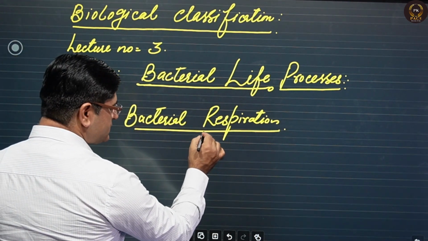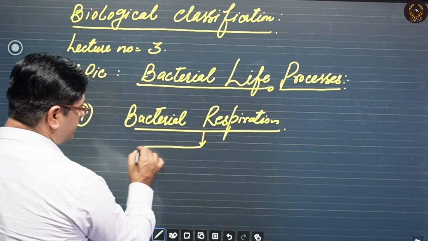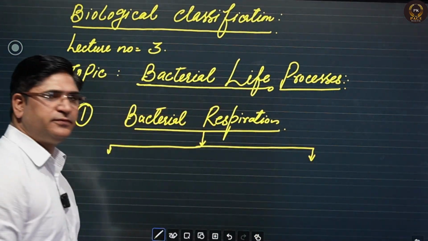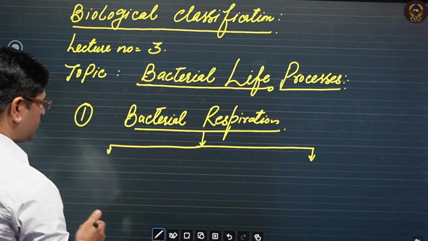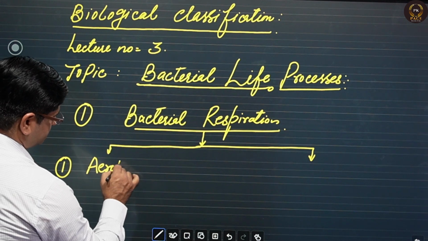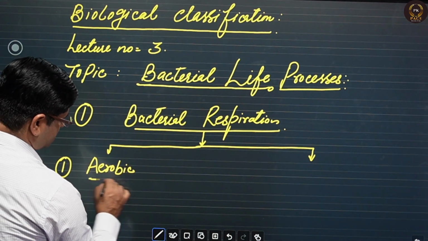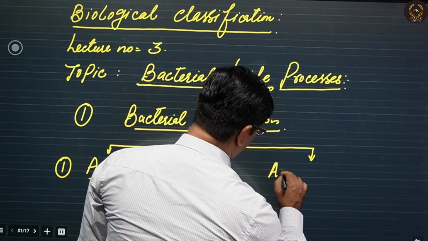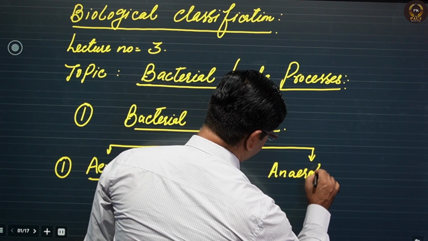There are two main categories of respiration. One is called aerobic respiration, and another is known as anaerobic respiration.